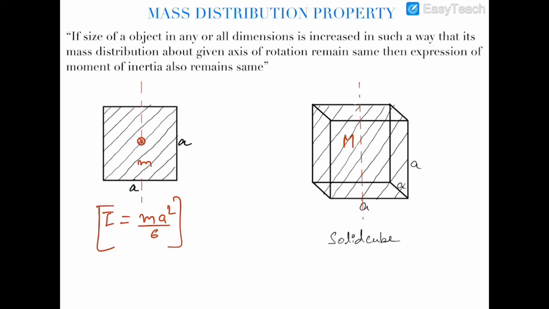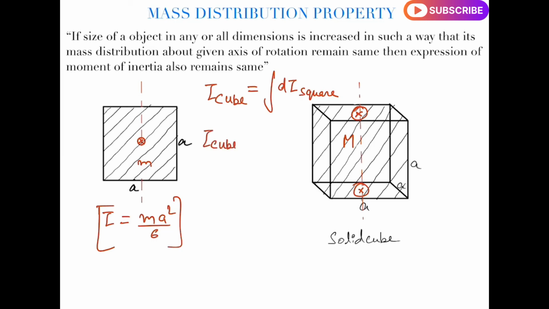So this is the axis which is crossing this cube, and if I assume that these squares are arranged symmetrically over each other, then the total moment of inertia of the cube would be the integration of the moment of inertia of each square. So I cube will be equal to the integration of dm into a square by 6, where dm is the mass of each elemental square.